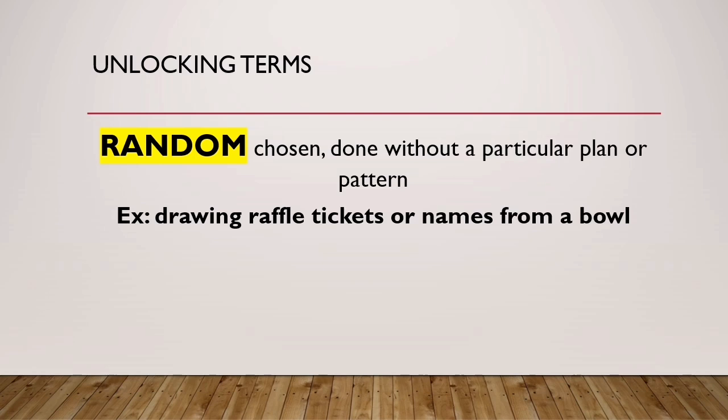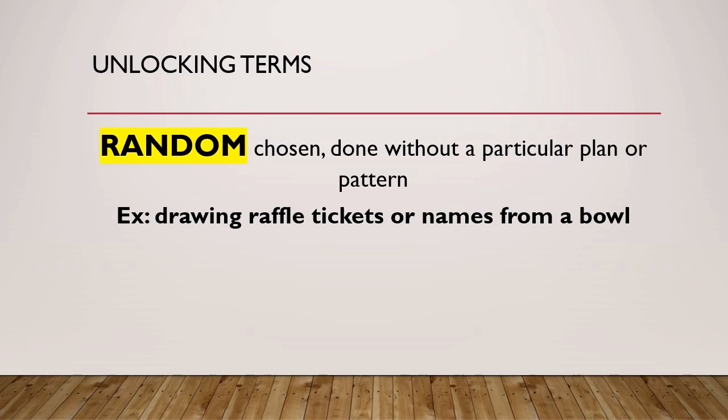Another example is drawing names from a bowl. When there are names written on pieces of paper put in a bowl, and we choose a piece of paper from the bowl, we do not know what name will appear on that paper. We do not know what name will be chosen. So that is already random.